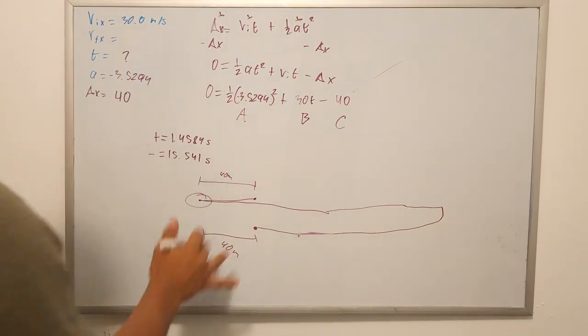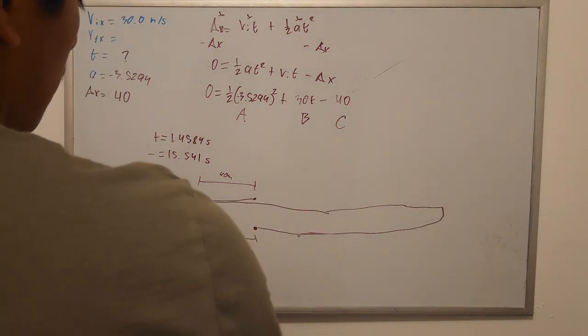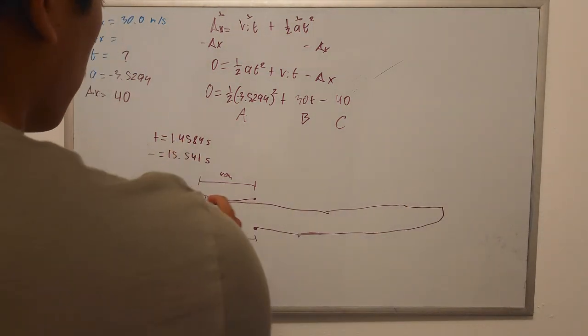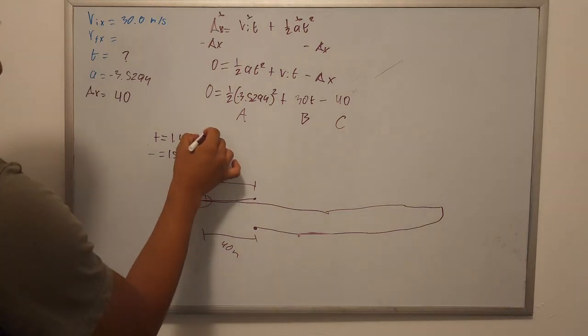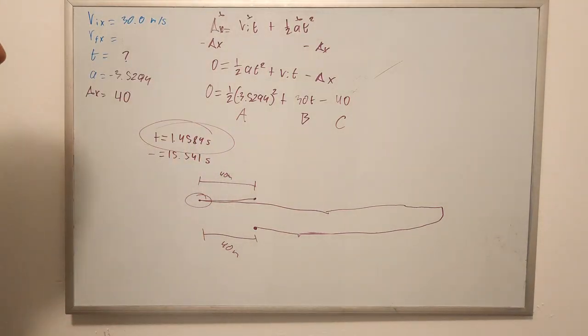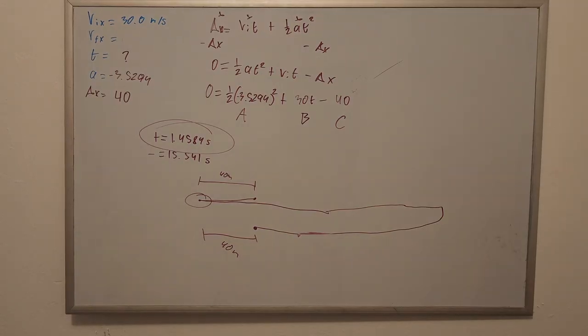The 15 is just when it already turns around, and the 1.4 is when it's going for the first time. The professor used this time, so I guess we only care about when it's going the first time.